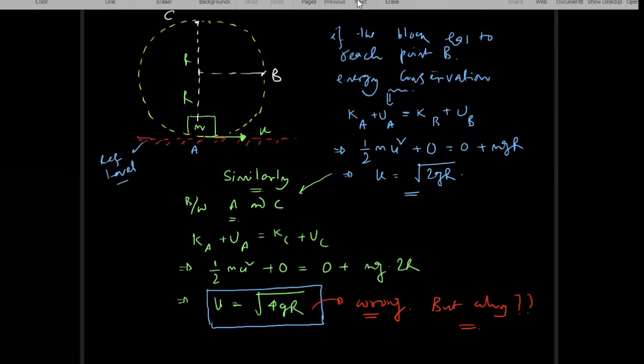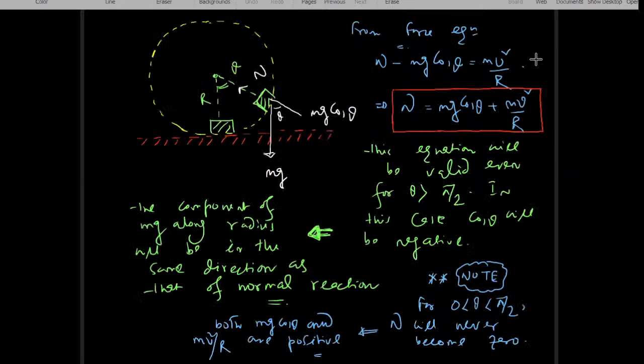Yogananda? Sir, for N not equal to 0, why should mg cos theta and mv square by r be positive? I'm not getting it. See, if N has to be 0, out of the two quantities mg cos theta and mv square by r, one has to be negative and one has to be positive.